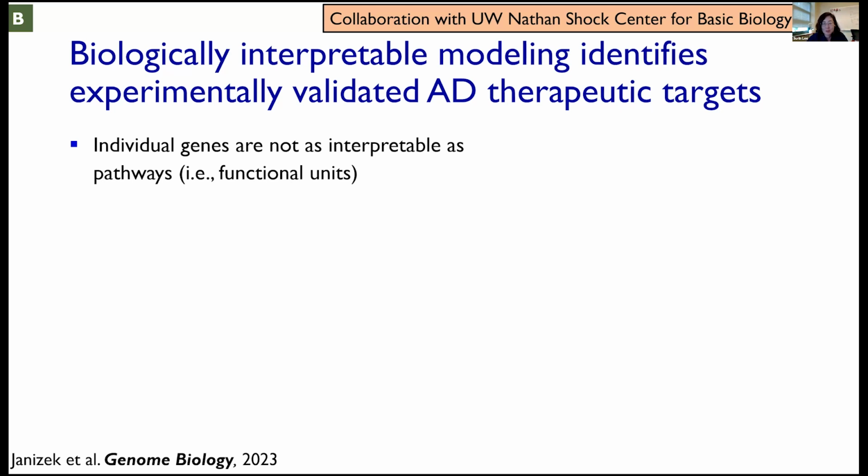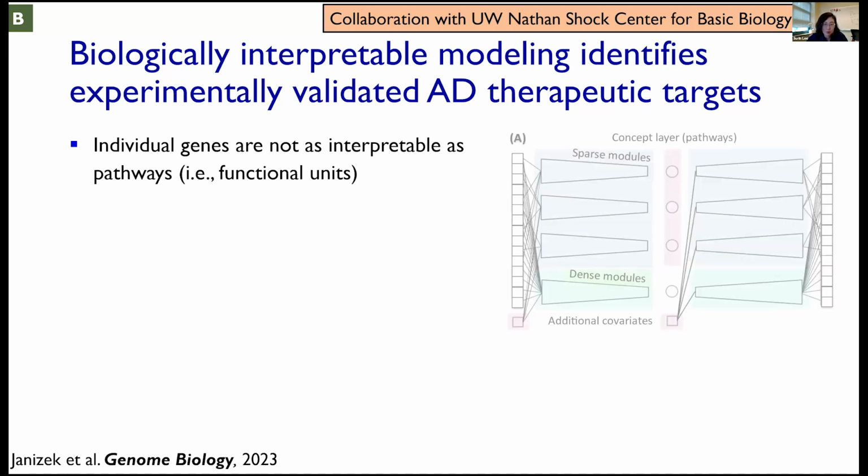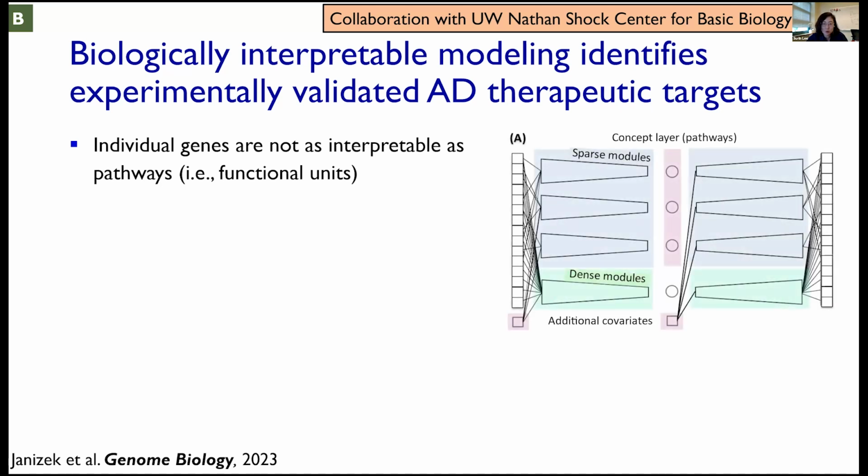In fact, individual genes may not be the most interpretable unit, and may not be as interpretable as biological pathways, some sort of functional unit, a set of genes that are known to be involved in the same biological processes. So we designed a new architecture and developed a new XAI technique that organizes individual genes in the input layer into pathways in a bottleneck middle layer.